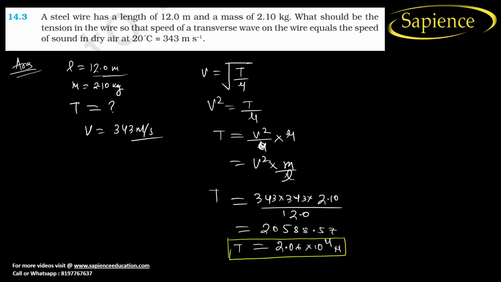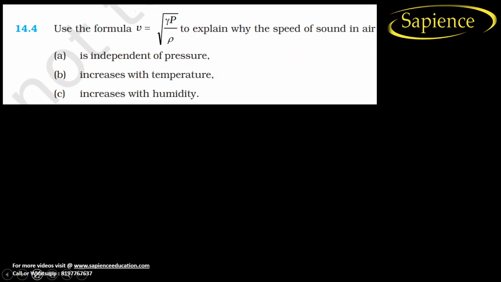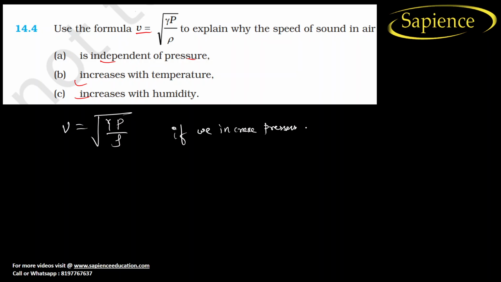Okay. Now let us go for question number 14.4. In 14.4, the question is saying: use the formula to explain why the speed of sound in air is independent of the pressure, increases with the temperature, and increases with the humidity. Now let us consider the formula V is equal to root under gamma into pressure by density. Now if we increase pressure, what will happen? Density will increase.